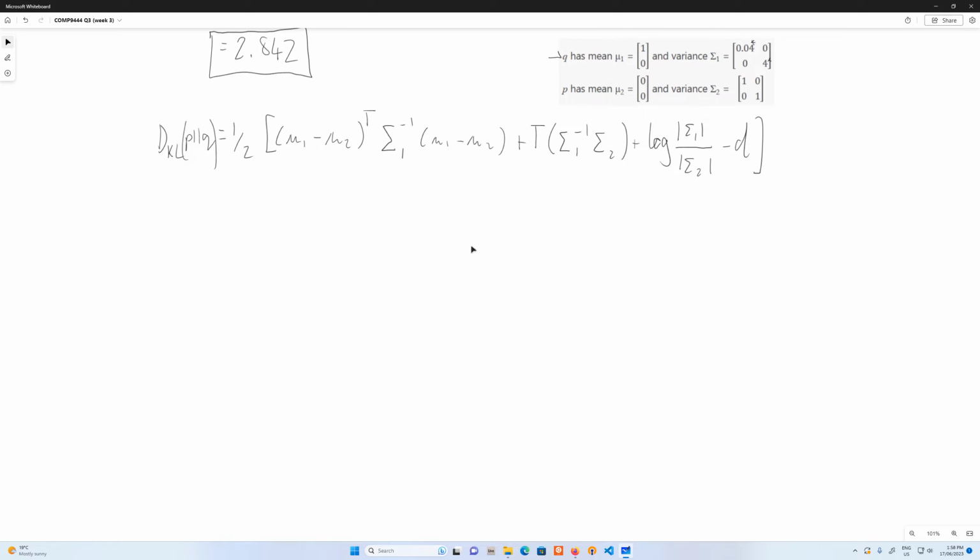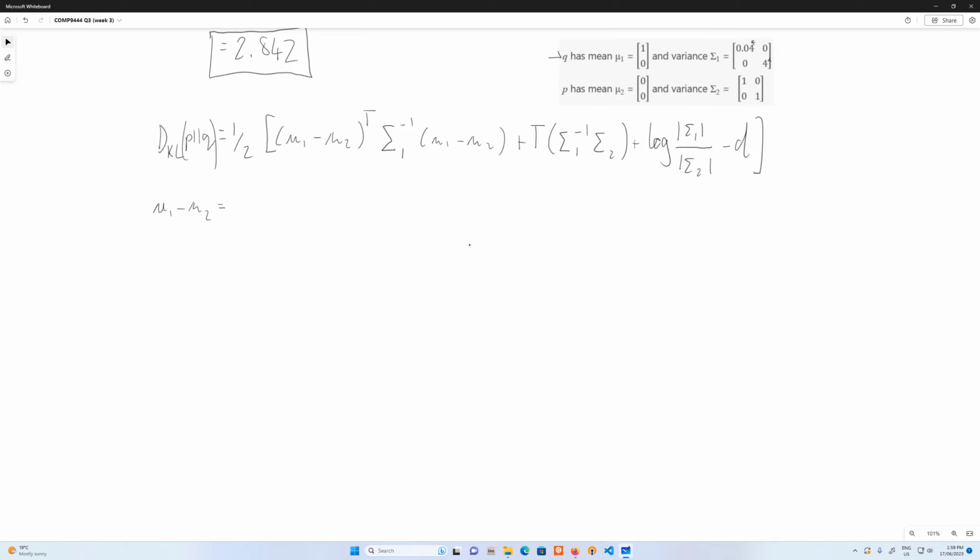Okay. So since this is a long and nasty equation, and there'll need to be some matrix multiplications in here, I think the best thing to do is split all the terms up and put them all down here separately first, and then we'll put it all back together at the end. So mu1 minus mu2.